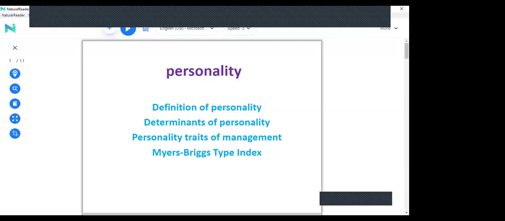Then, my dear student, after that, we had a summary slide. That summary slide mentioned two special points: study of people behavior, and study of organization behavior.